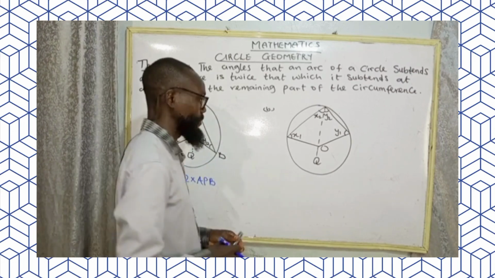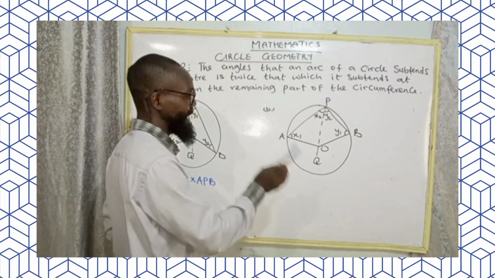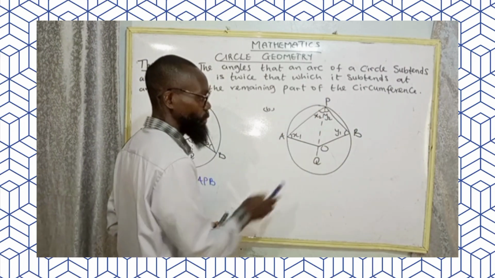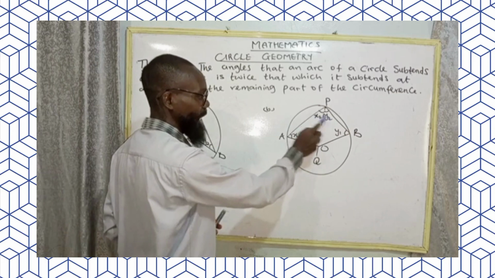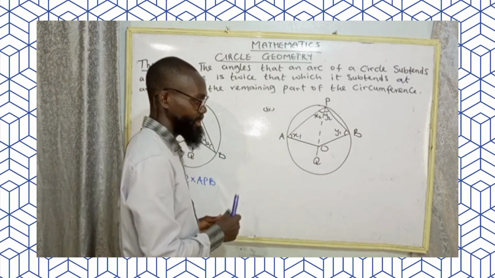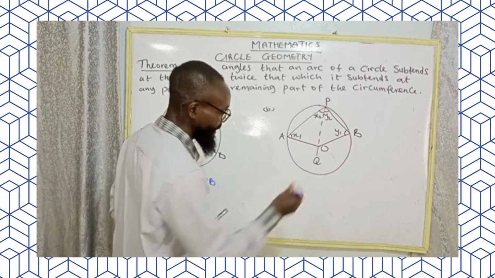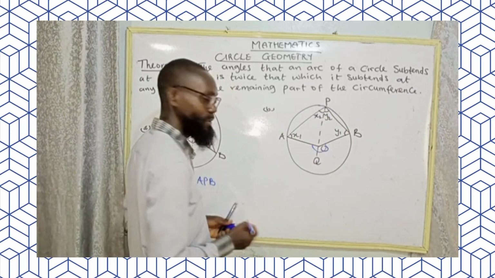Consider this one. The angles at the circumference here are angle APB. So x2, y2 is the angle on the circumference, while the center of this x2, y2 is this reflex AOB.